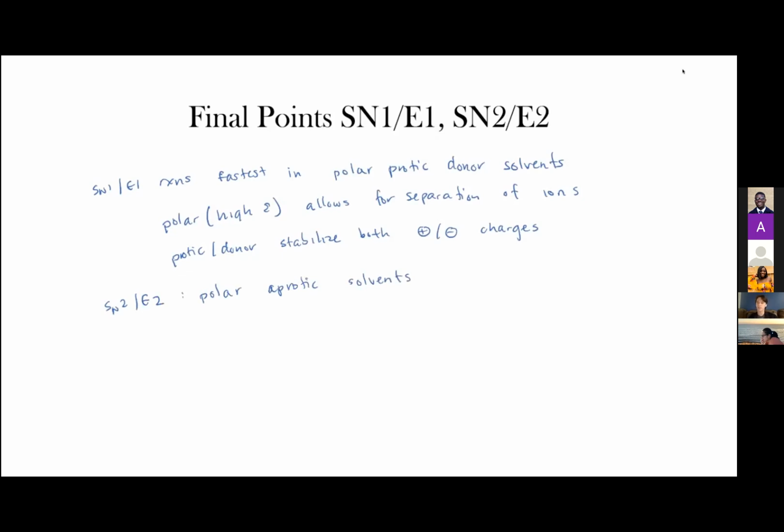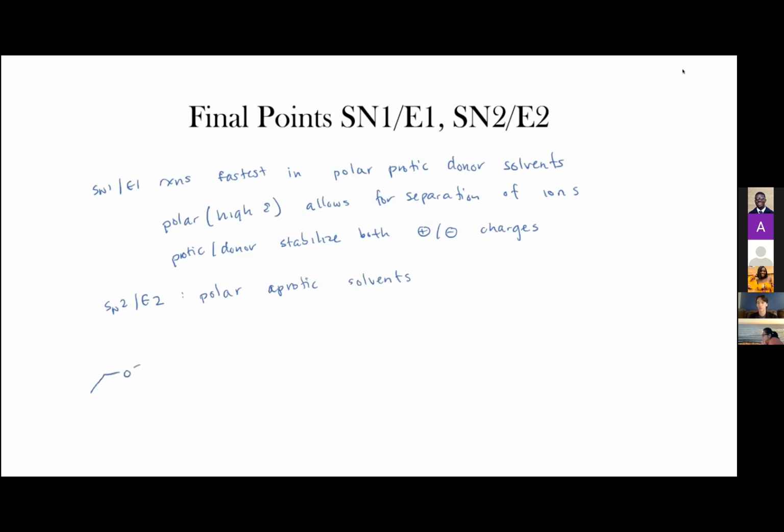The reason for this is that polar protic solvents stabilize the nucleophile. Let's say the nucleophile has a full negative charge.